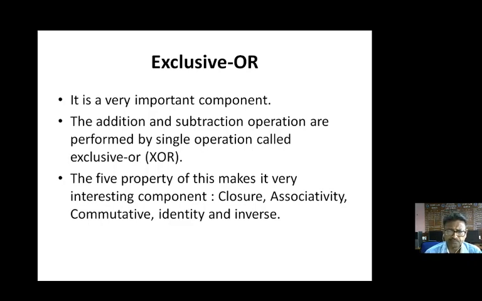And as far as the identity is concerned, there is existence of identity, and whatever number of input bits is being used, the same number of 0 bits will be the identity.